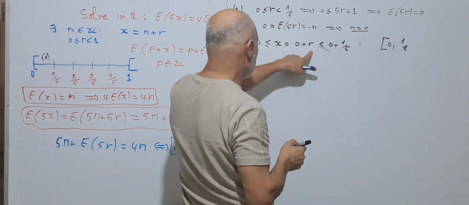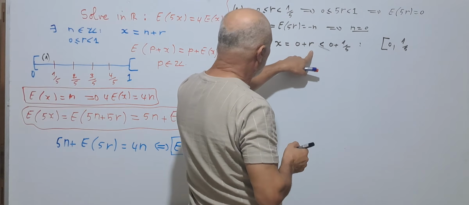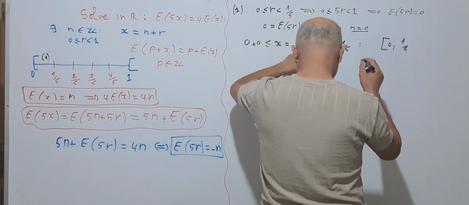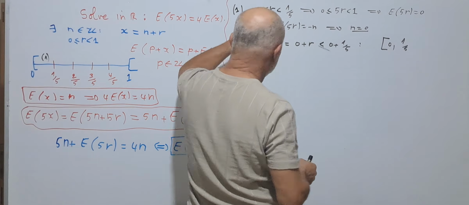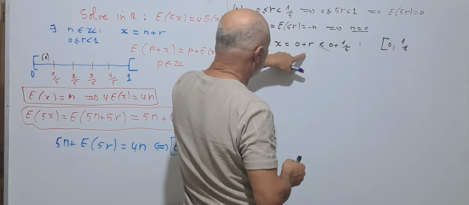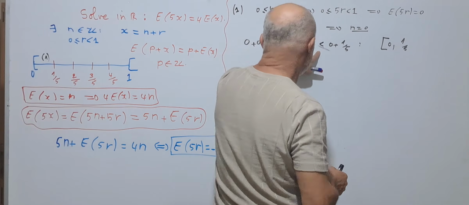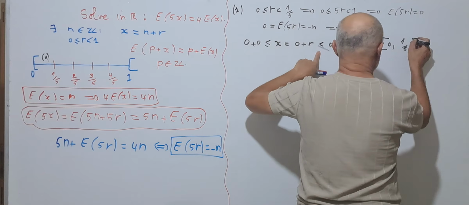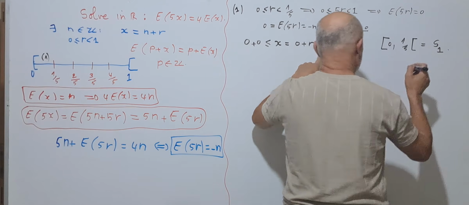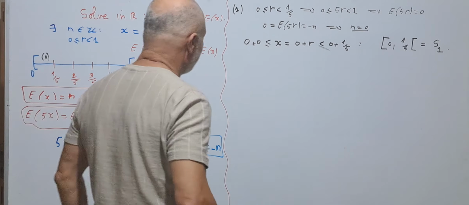So the solution is [0, 1 over 5). This is solution S1, the first one.